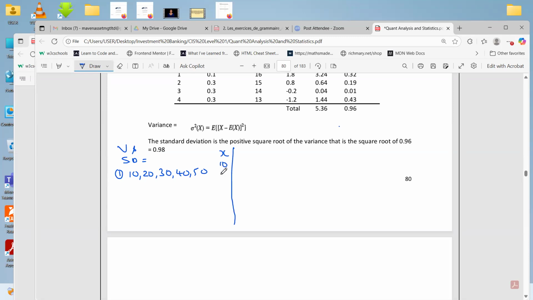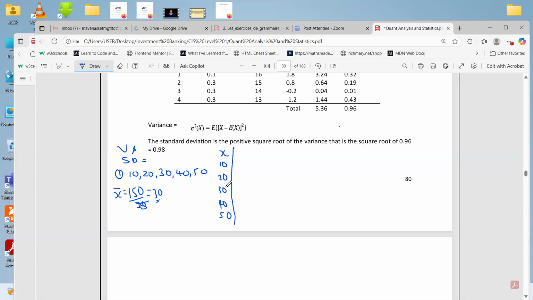Let's compute the mean. We need to get the arithmetic mean first. So what is the arithmetic mean? 150 over 5, that's 30.